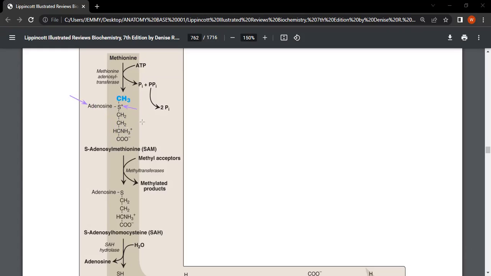The reaction is catalyzed by the enzyme methionine adenosyl transferase.